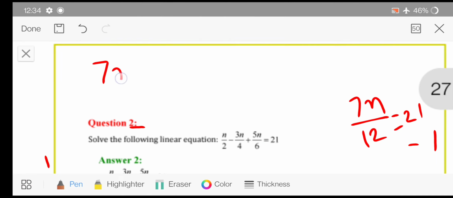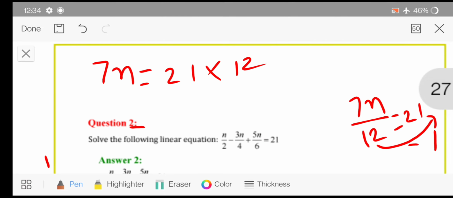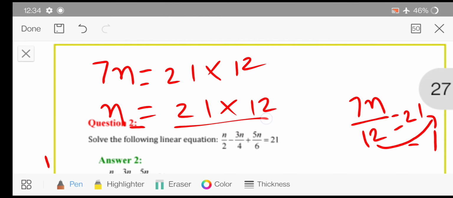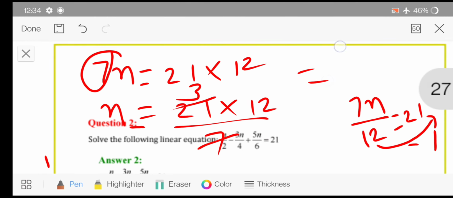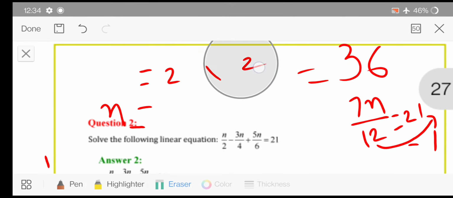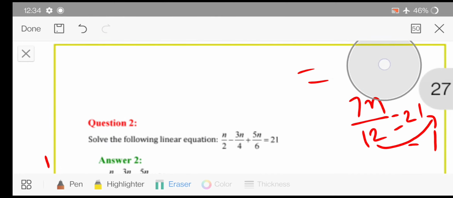So 7n is equal to 21 into 12, because this 12 is in the denominator. If you transpose, then it will be in the numerator. So n is equal to 21 into 12 upon 7. Why? Because this 7 is in multiplication, so it goes to division. Now 7 3s are 21 and 12 3s are 36. So this is your answer, and this is how you can solve this question.